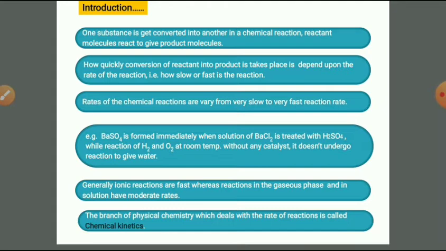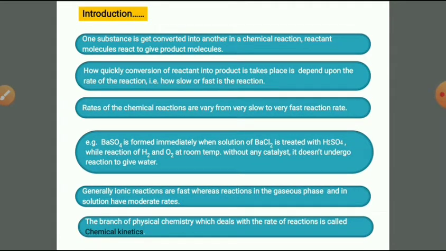The interaction of the molecules tells how fast or slow the reaction is. So rates of chemical reactions have a very wide range, from very slow to very fast reaction rates. For example, when a solution of barium chloride is treated with H2SO4, it immediately gives the solid barium sulfate.